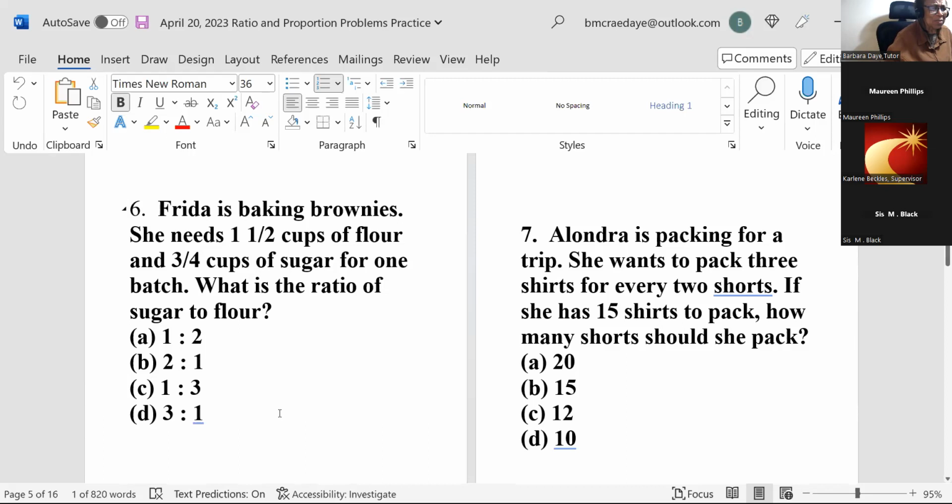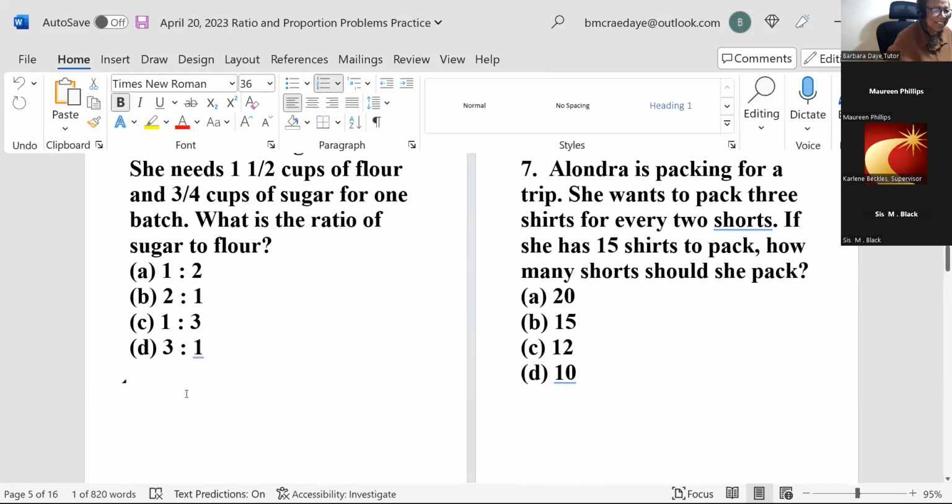No, how could it be 2-to-1? You've got your smaller number on the top. This is the way your ratio should be. Yeah, 3/4. Well, let me just write it as a fraction. You say sugar to flour, right?